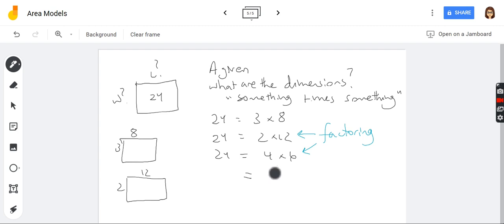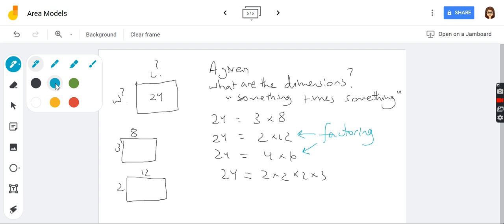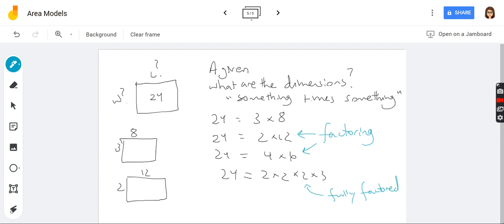So the 4 can be written as a 2 times a 2, and the 6 can be written as 2 times 3, and none of these numbers can be factored further. So the 24 being written as this 2 times 2 times 2 times 3 also has a name, and that name is fully factored. So an expression is fully factored if it can't be factored anymore. Okay, so here you have your factoring.